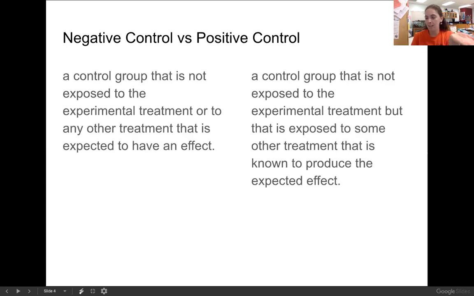We don't expect their illness to get better. We have a positive group that has the current existing drug or medication. We expect their improvement. And then our experimental groups would be then the people who got the new drug. We want to see if it works as well as the old. Again, most experiments only have one. Some experiments will have the positive and the negative control.